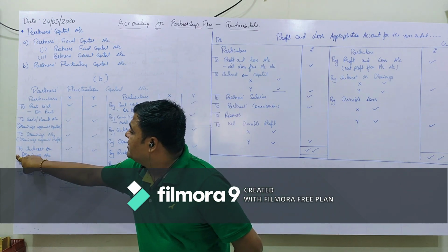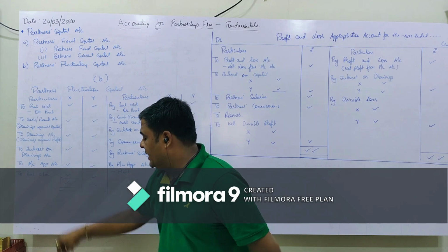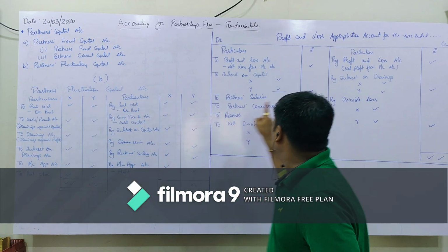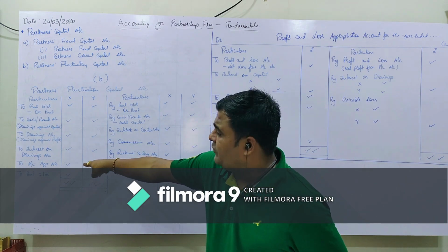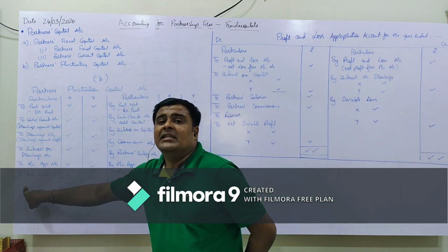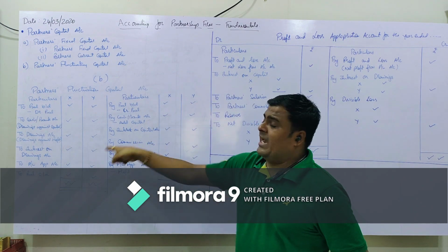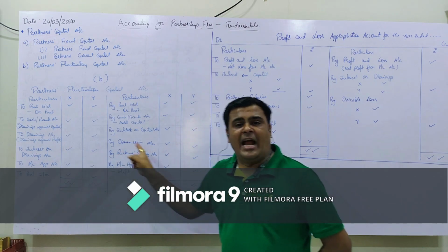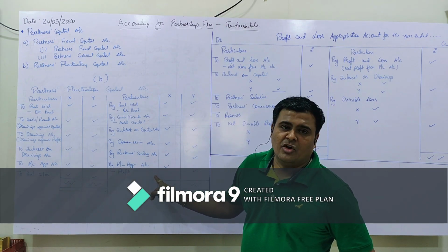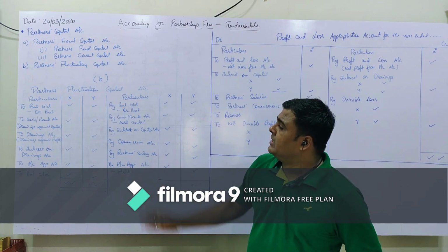The other item is interest on drawings and the profit and loss appropriation, that is the divisible loss which is on the credit side, it comes on the debit side of the partner's fluctuating account. And the balance on the debit side will be the credit balance. If there is an excess of debit, it will be written on the credit side, it is known as debit balance. Okay, so I am giving you 2 more minutes to note it down.